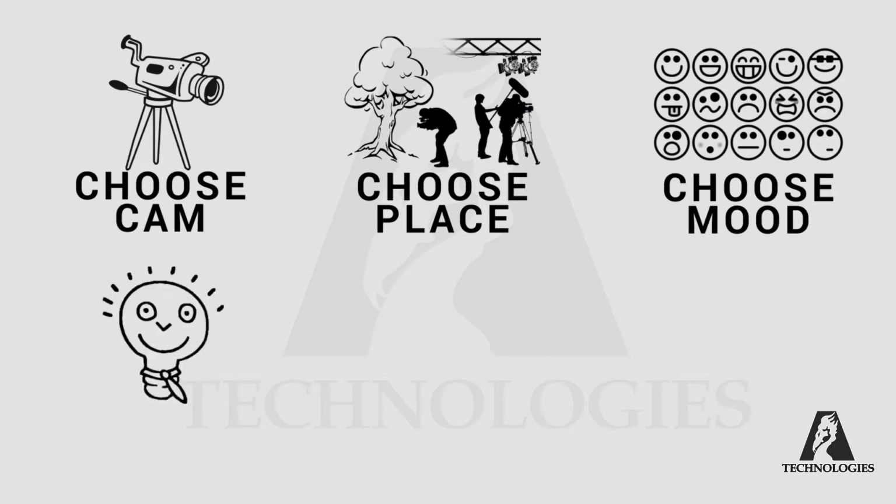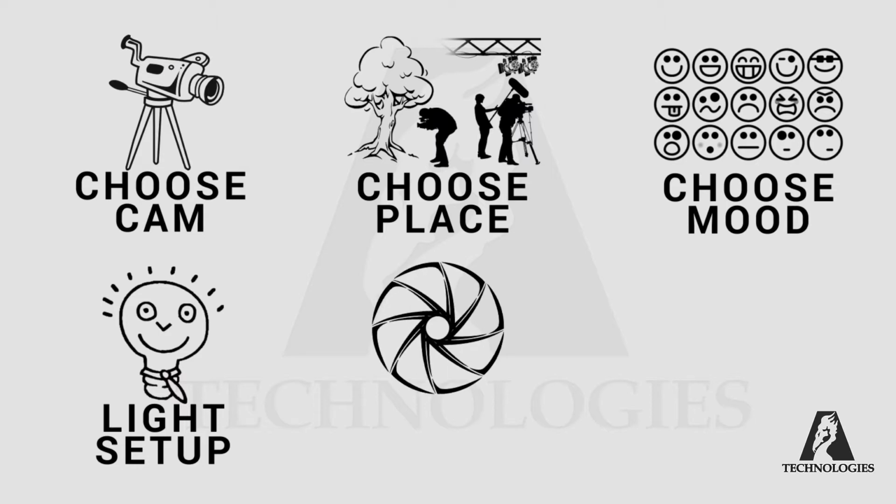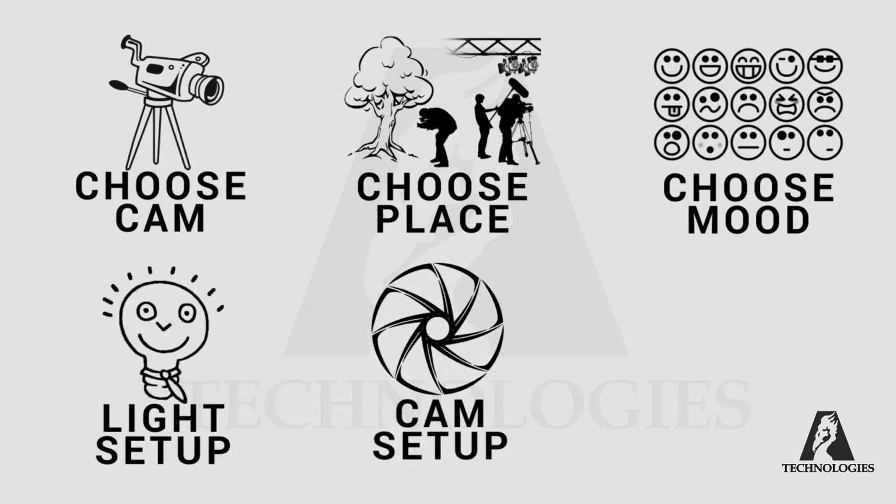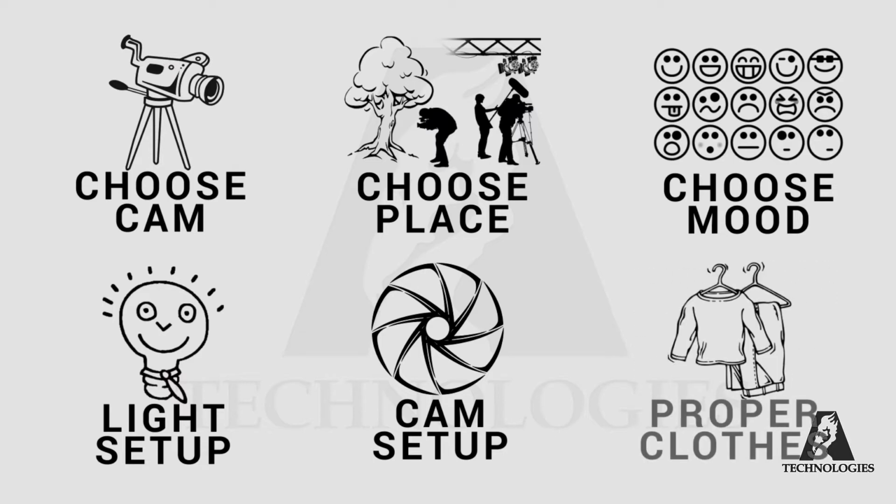Fourth is light setup, or setting up your lighting. Fifth, setting up your camera. And sixth, proper clothes or proper clothing for your performer. Each one of those preparing stages of your video is important. If you want to have a good result, you have to think about the preparation of it.